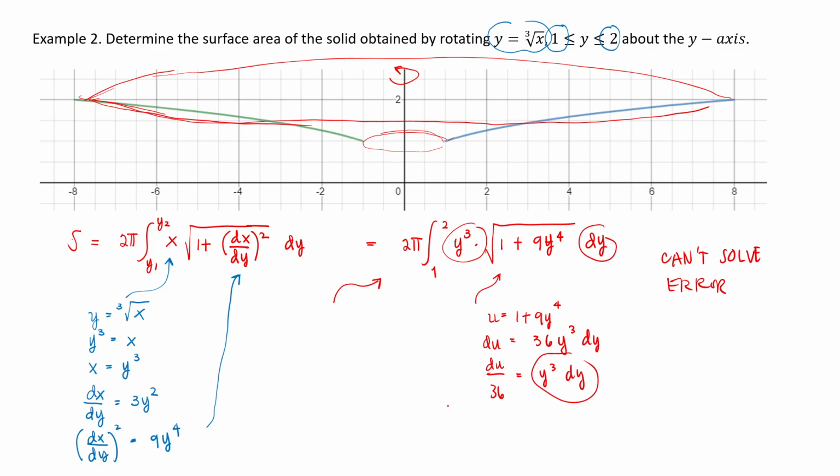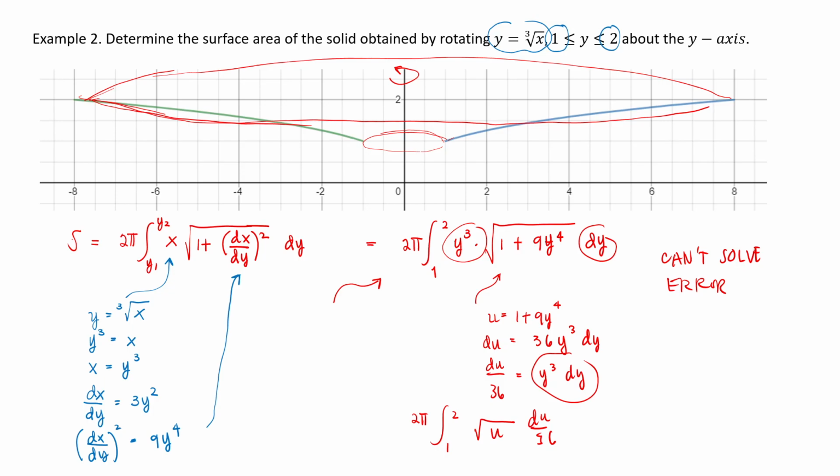Then I'm going to have 2 pi integral from 1 to 2, square root of u, du over 36. Then I'm going to integrate first before applying the limits of integration. So you still need the topics or techniques of integration in simplifying your complicated equations.